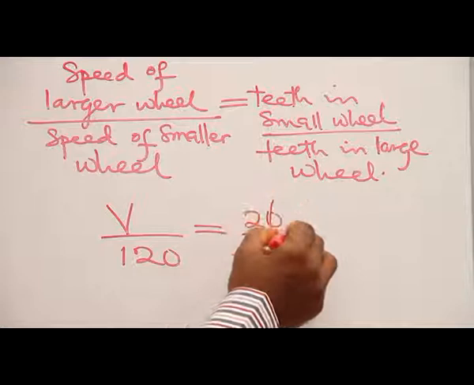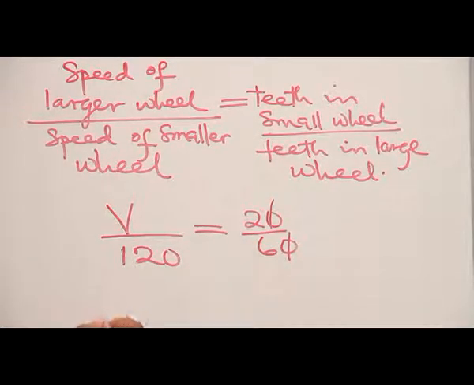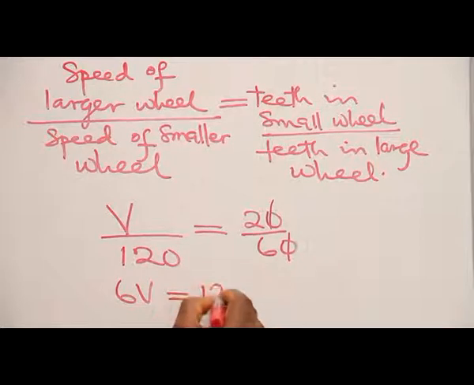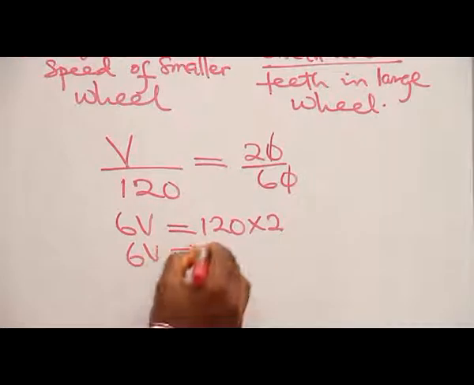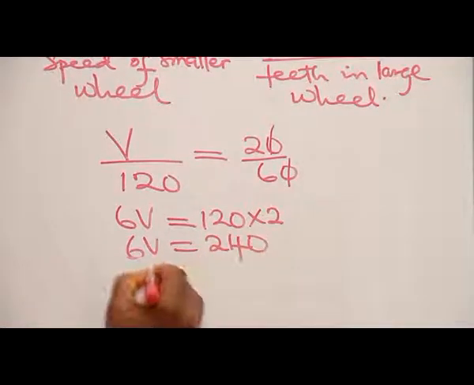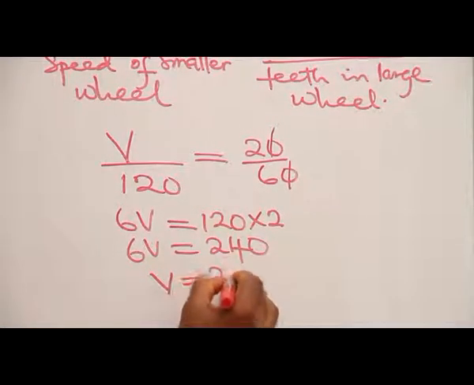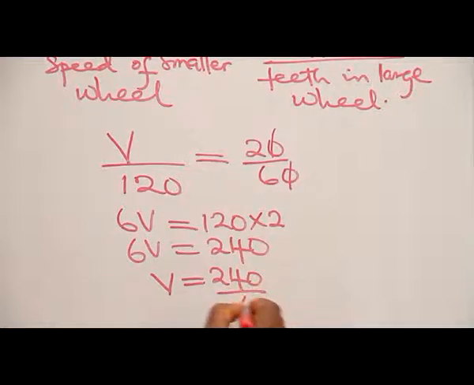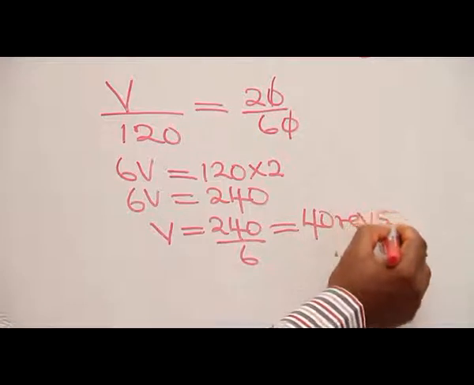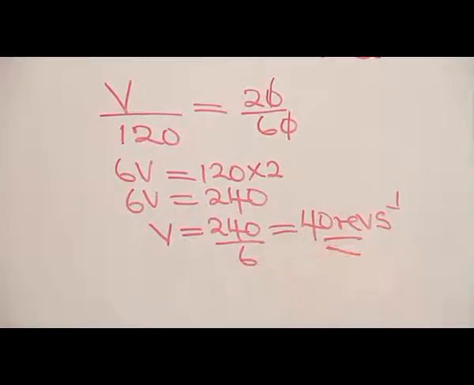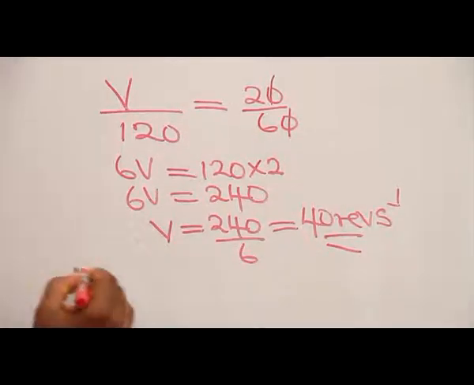This will cancel this. By cross multiply, 6V is equal to 120 times 2. 6V is 240. V is equal to 240 over 6. That is 40 revolutions per second. Option B is correct.